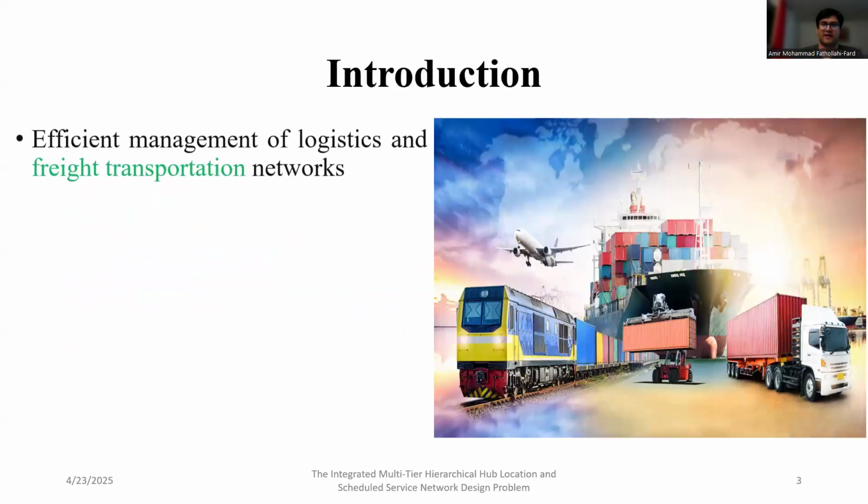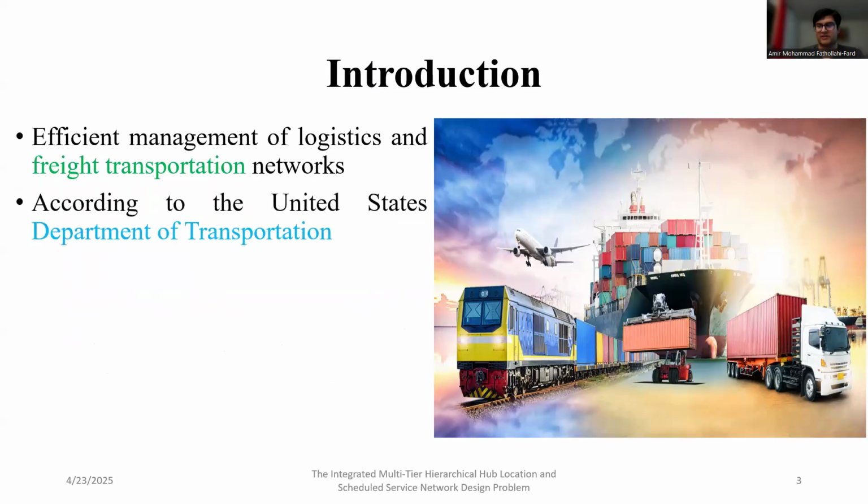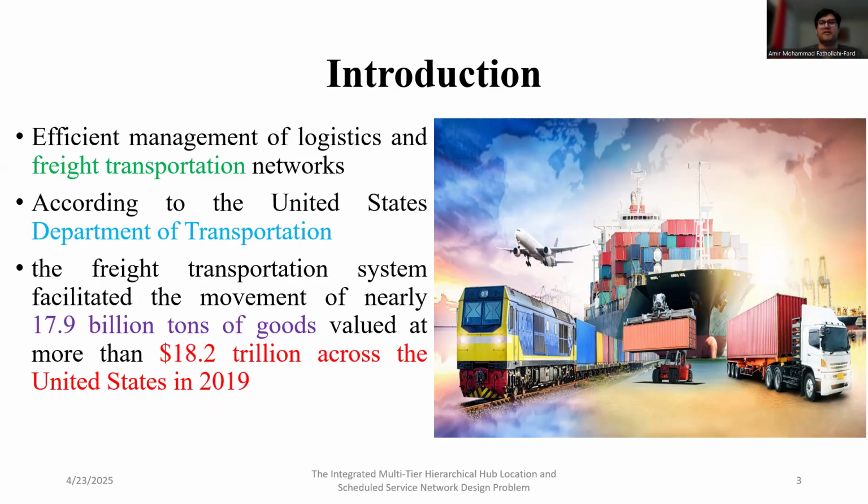So, what is a freight transportation system? The freight transportation facilitates the movement of demands from different origins to destinations where there are different transportation modes to do this movement.